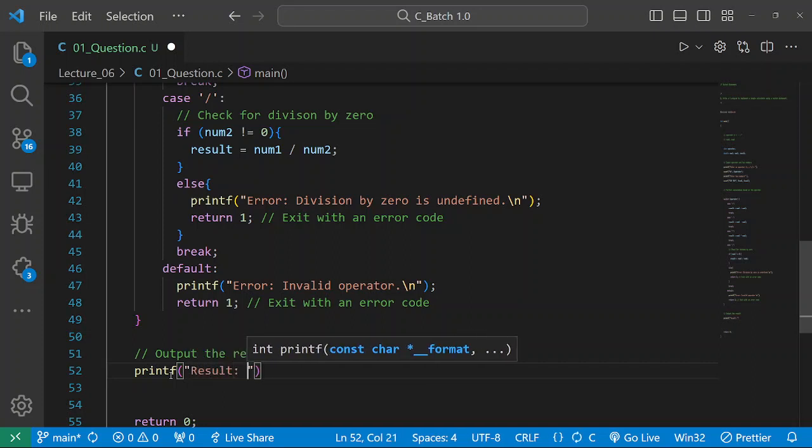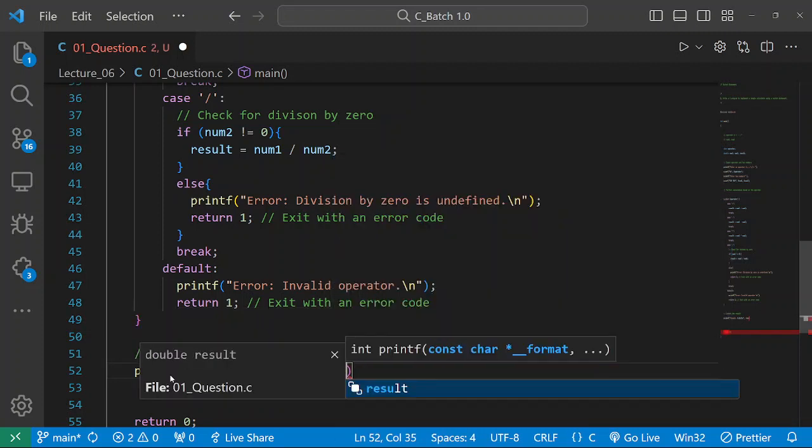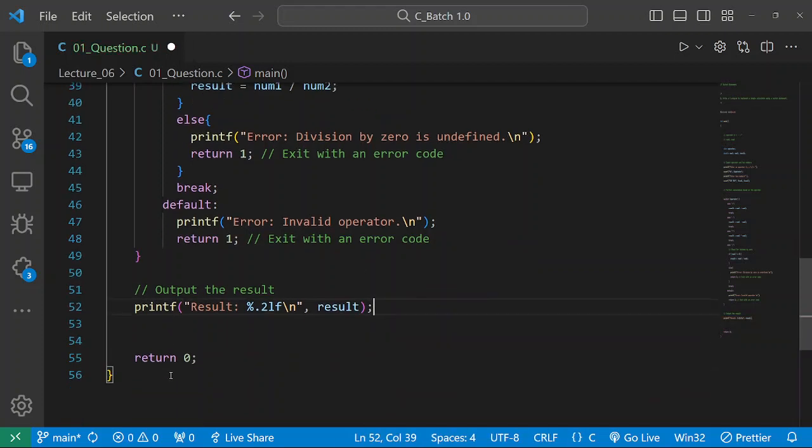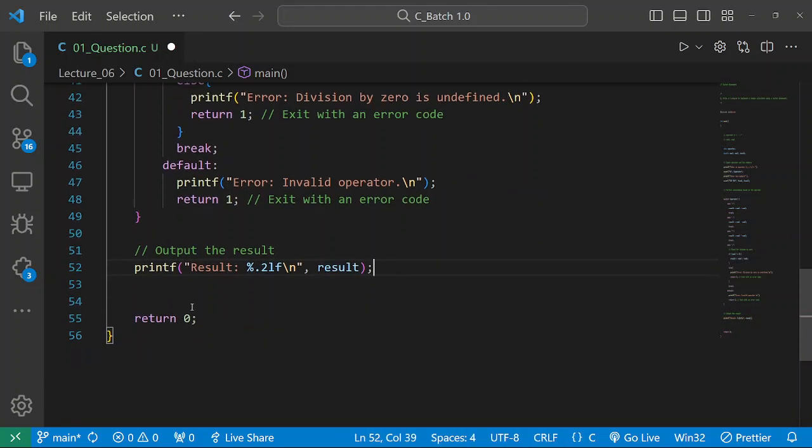When you are using %lf, that is long float, as we also call it double, you can work on it. Suppose you need the answer in 2 decimals, you can write it this way. I need only 2 decimals, not more than that. If there is a long result, it will provide the whole thing, but I don't need the whole, I need only %.2lf, meaning only 2 decimals.